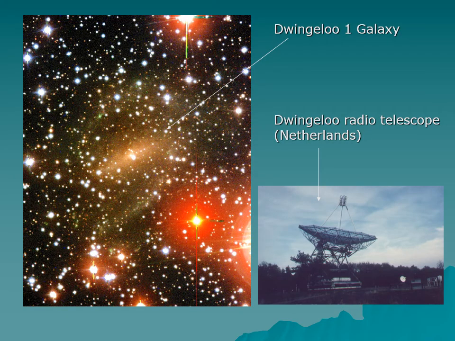Interestingly enough, our local group has a galaxy, one of these rare lone galaxies, that's moving away from it: Dwingeloo 1, discovered by the Dwingeloo radio telescope in the Netherlands. What we think happened was that it used to be part of our local group. So we had the Dwingeloo galaxy, M31, M33, and the Milky Way, and all these things were moving around each other.